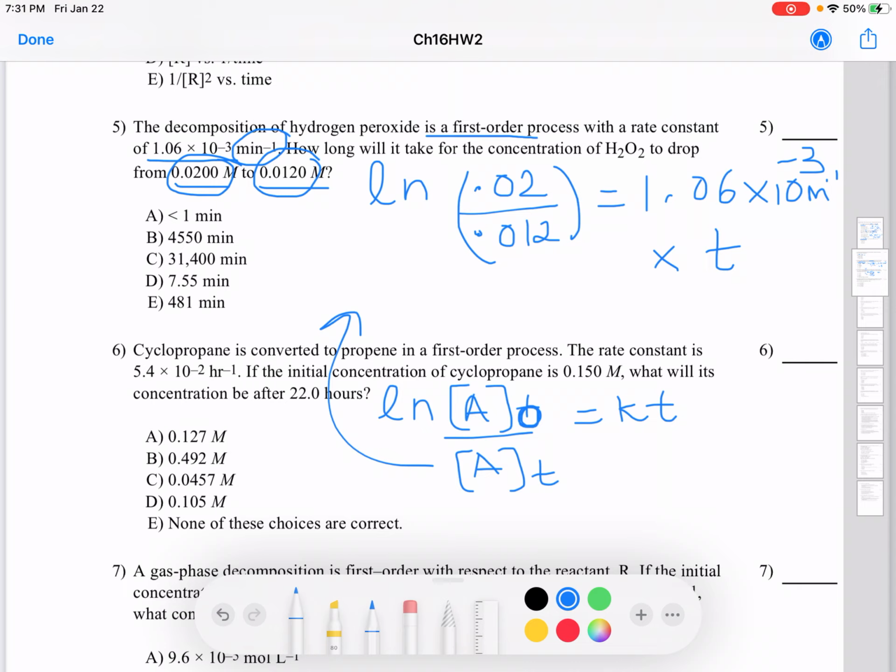So ln of 0.02 over 0.012, that would be ln 1.66. When you find ln 1.66, that would be 0.506. 0.506 over 1.06 times 10 to the negative 3 equals the time.